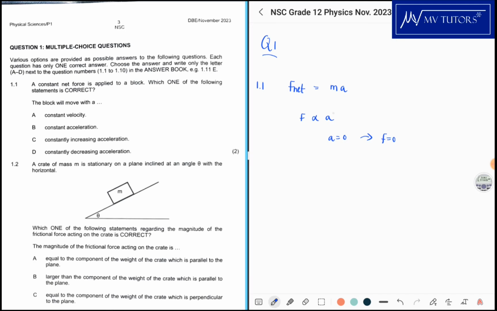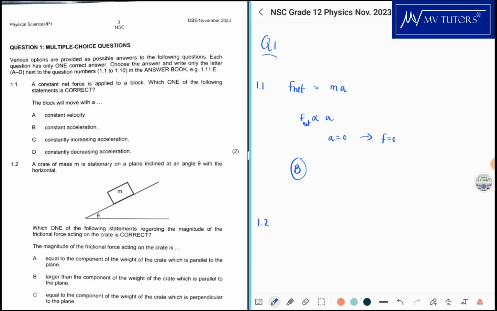If it's constant force, I would go with constant acceleration. Constantly increasing acceleration, they would have said the force is constantly increasing. Constantly decreasing acceleration, no, they didn't say anything about it slowing down or speeding up. So the answer here that I would go with is B, because the net force is directly proportional to acceleration.